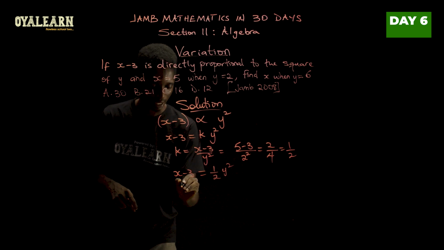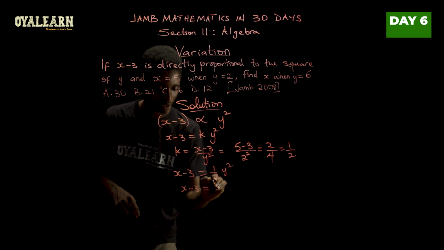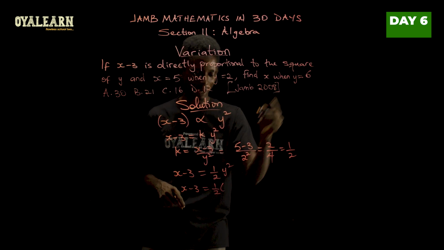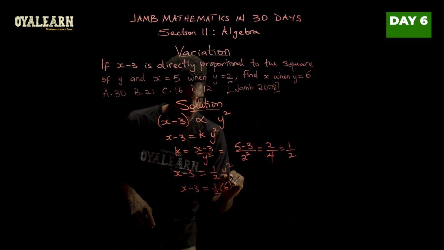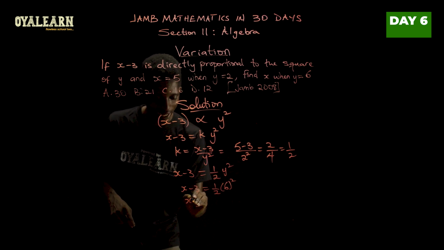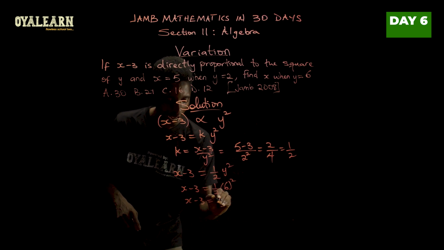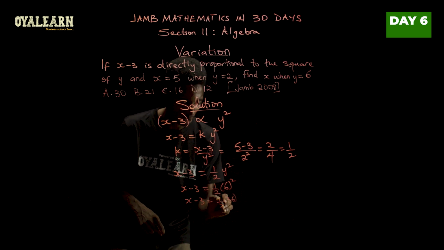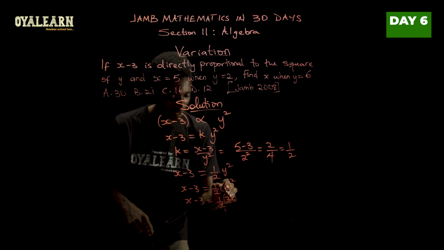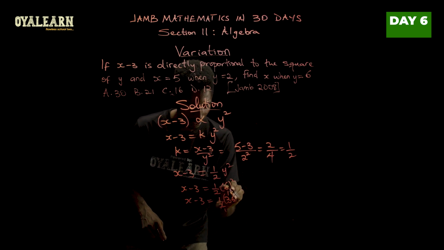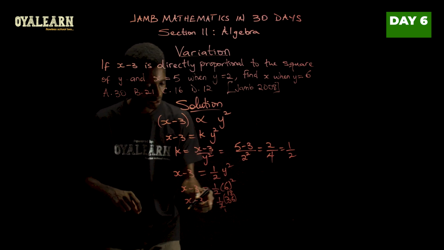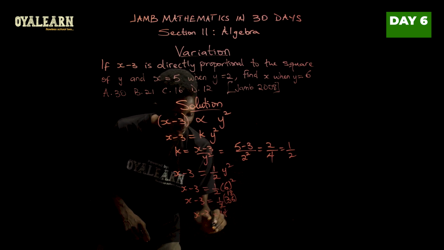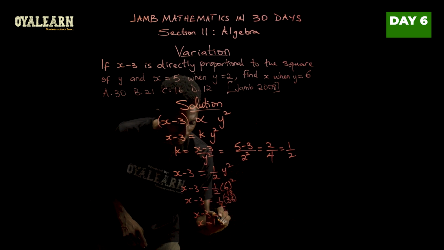So x minus 3 would be 1 over 2 times, y is given to us this time as 6, so 6 squared. x minus 3 would then be half of 6 squared, which is 36. Two divided by 2 is 1, so that is 18. Now we have x minus 3 equals 18.